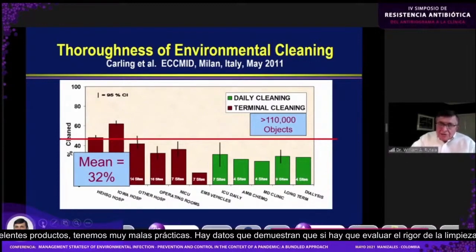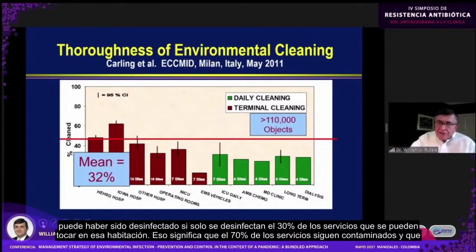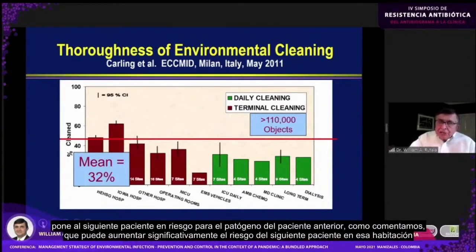There are data that demonstrate that if you evaluate the thoroughness of cleaning at discharge cleaning or at terminal cleaning of a patient room, only 30% of the touchable surfaces in that room may have been disinfected. If only 30% are disinfected, that means that 70% of the surfaces remain contaminated, and that puts the next patient at risk to the previous patient's pathogen.